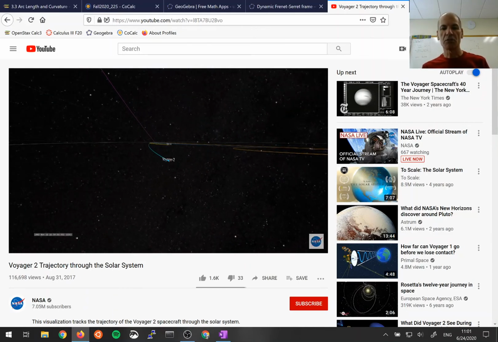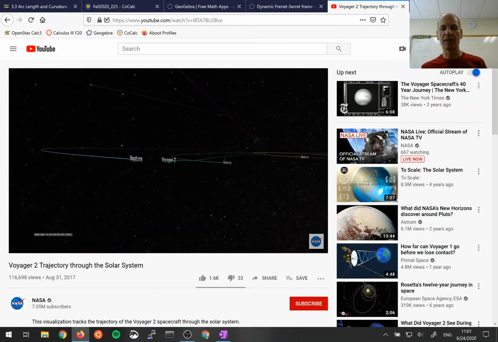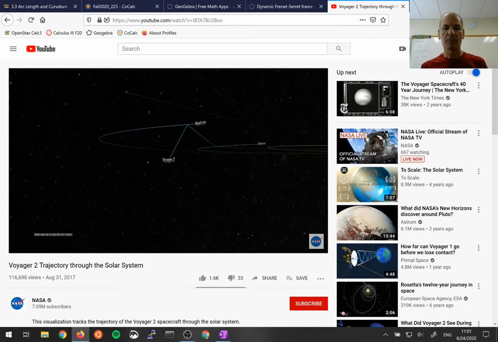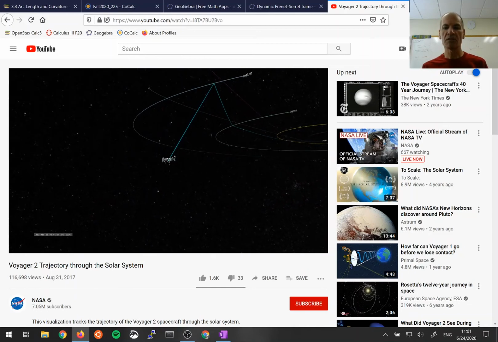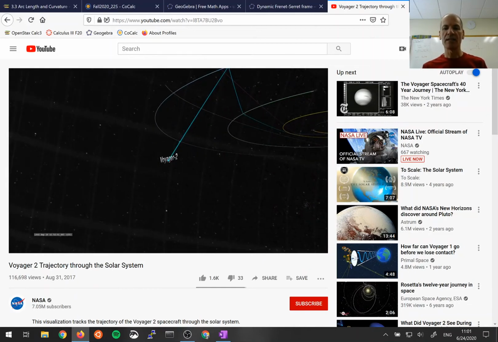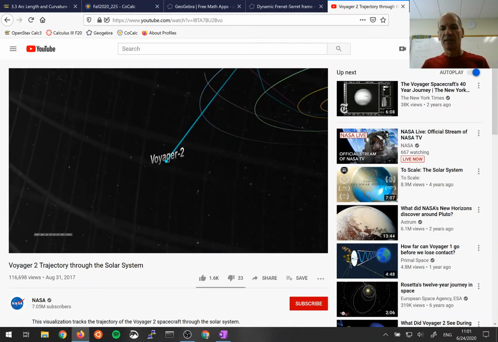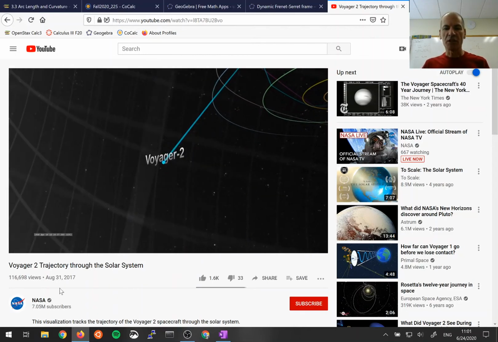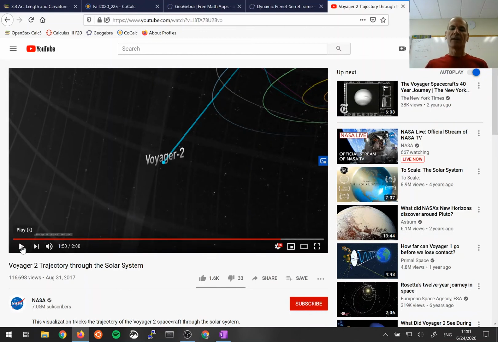Now Voyager 2 is going to keep going. Voyager 1 is going up above the plane of the solar system, and now Voyager 2 hits Neptune and is going down below the plane of the solar system. So despite the really shaky video, you can see how these space curves might be useful, and these Frenet frames might be useful as we develop trajectories for deep space probes.